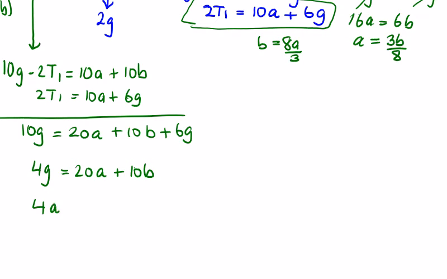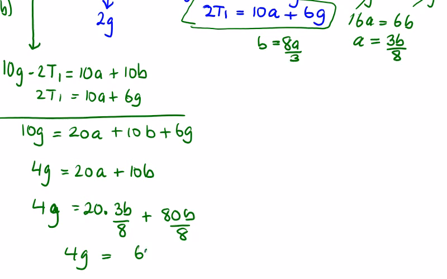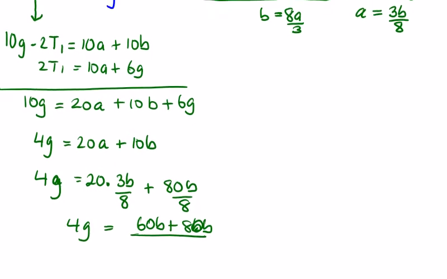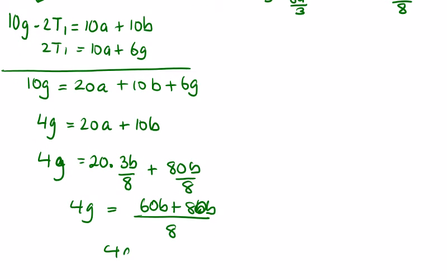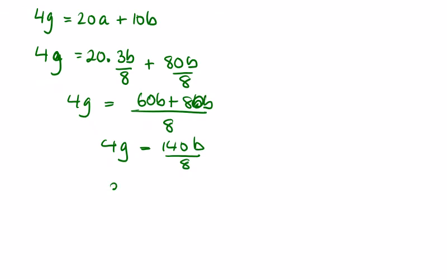I can replace a or b here. 4g is equal to 20 times 3b over 8, plus this would be 80b over 8. 4g is equal to 60b over 8 plus 80b over 8. So 4g is equal to 140b over 8.